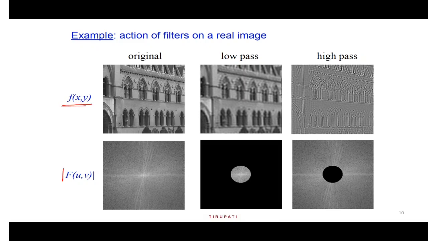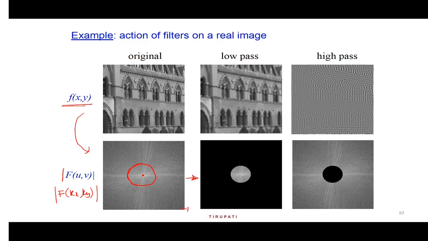This is your image for which I have computed, let's say, f of kx comma ky. Here I am showing you the magnitude spectrum of it. Now you just retain the low frequency content around the center, and you make the rest 0. This is what you want as your frequency spectrum.